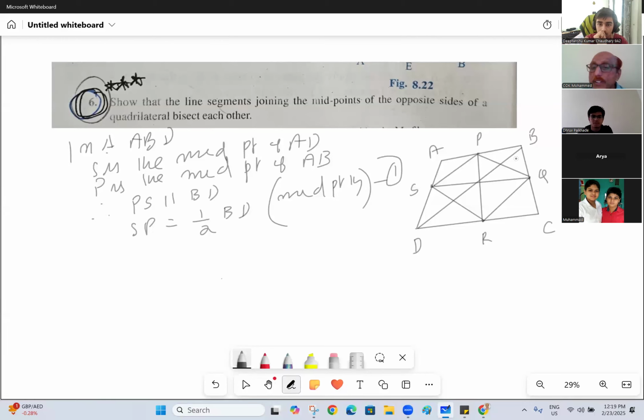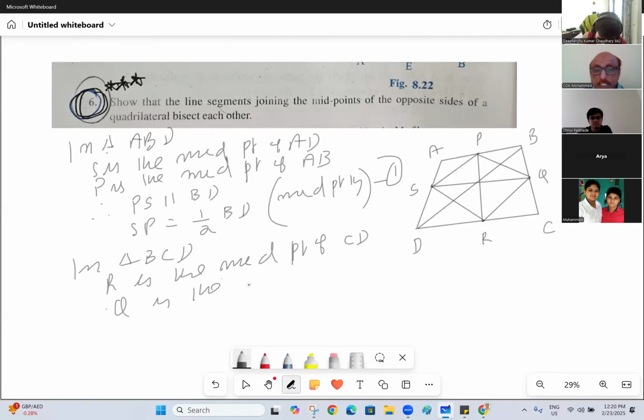Now, Dhruv. Sir, in triangle BCD, R is the midpoint of DC and Q is the midpoint of BC.